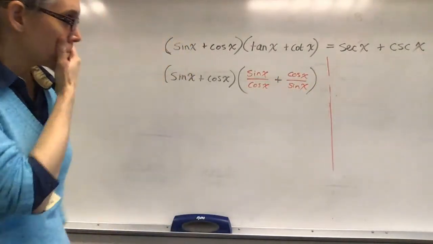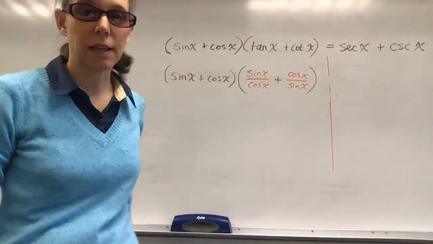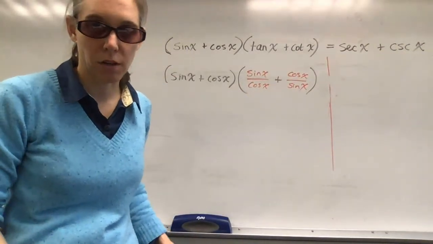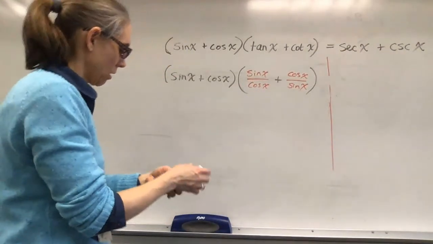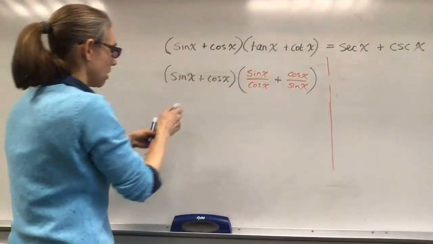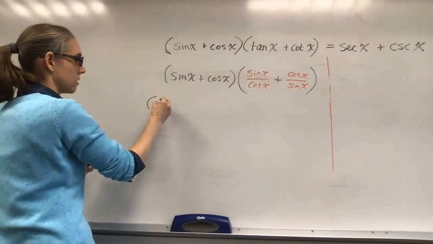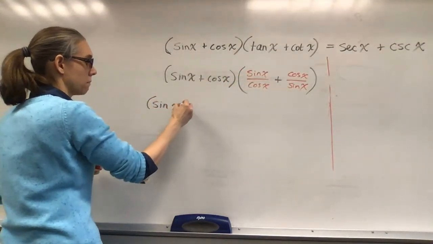Okay, so if I were to combine these together, I would need to have a common denominator. So what I'm going to do is show changing these fractions only. Let these guys just hang around for the ride.